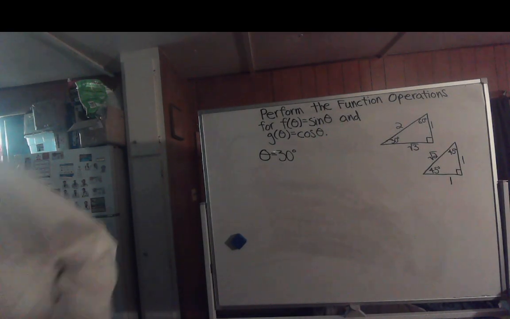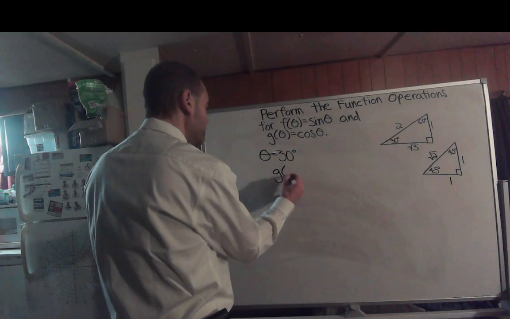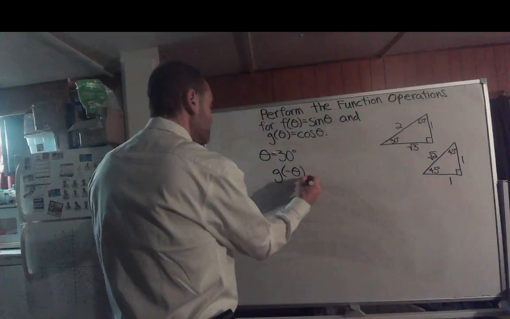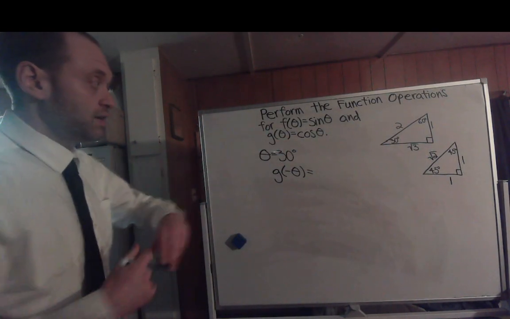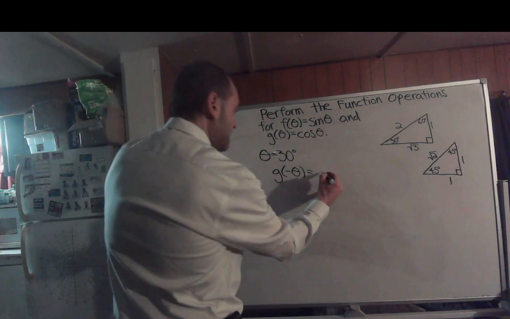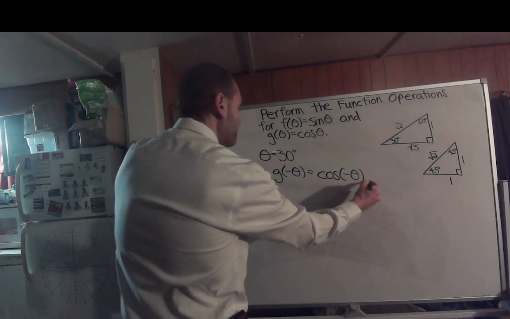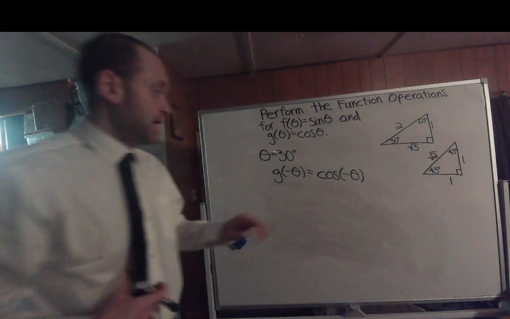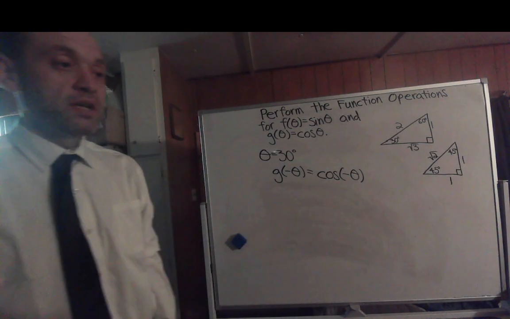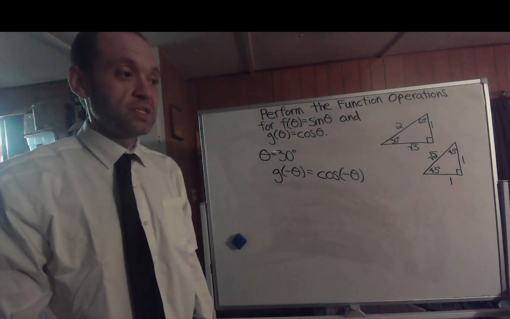Alright. Let's take g of negative theta. This is actually a very good one. So g of negative theta, what is g of theta in general? That's going to be the same as the cosine of negative theta. Okay, well, before we go making this all complicated, do we remember the even and odd properties of trig functions?